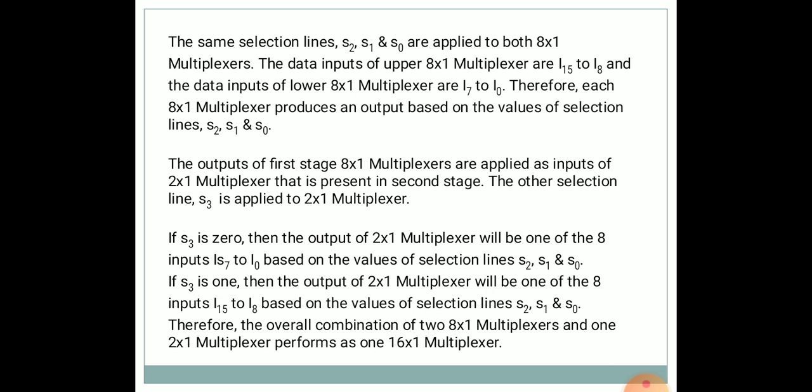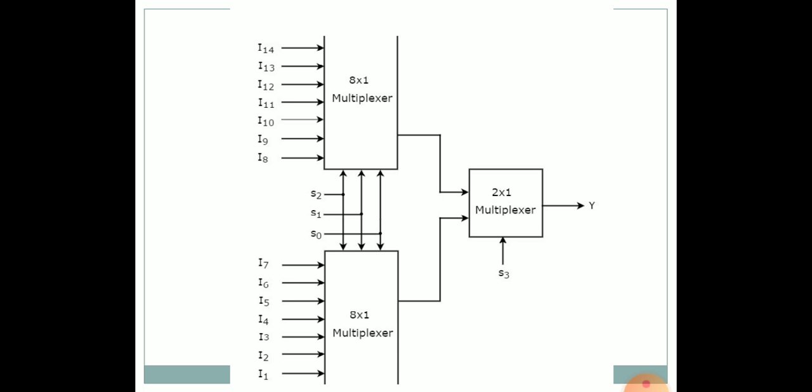Okay, I think it's clear now. The same selection lines S2, S1 and S0 are applied to both 8 cross 1 multiplexers. The data inputs of the upper 8 cross 1 multiplexer are I8 to I15, and the data inputs of the lower 8 cross 1 multiplexer are I0 to I7.